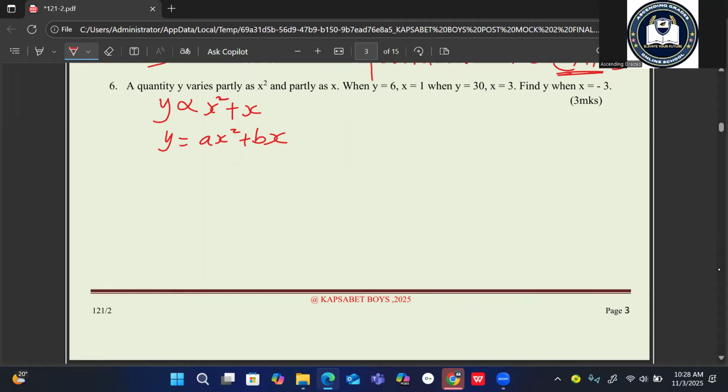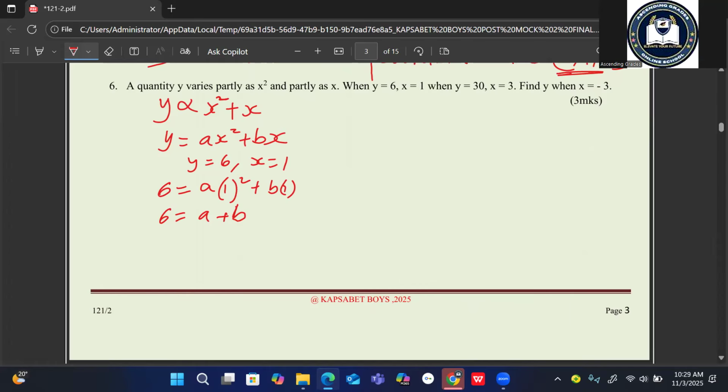So when y is 6, x is 1. So replace it here. So we have a into 1 squared plus b into 1. So that one gives you 6 is equal to a plus b.